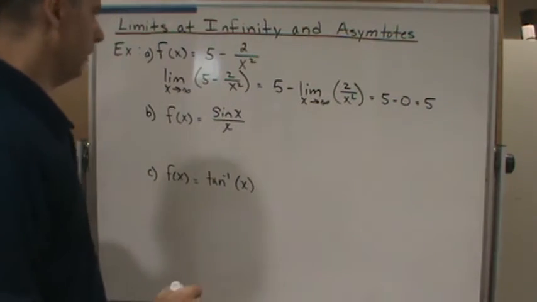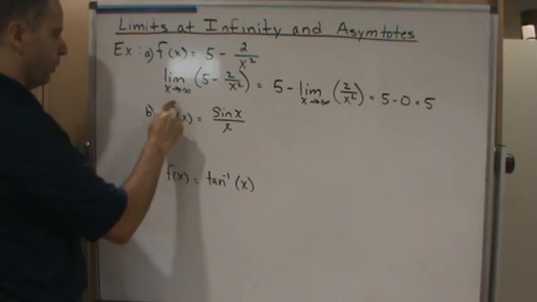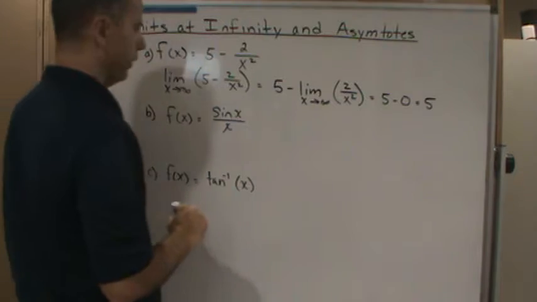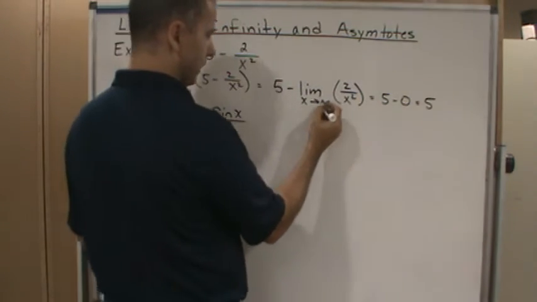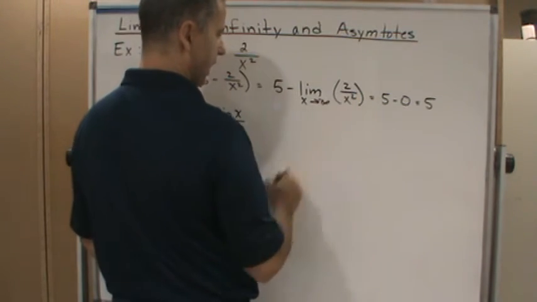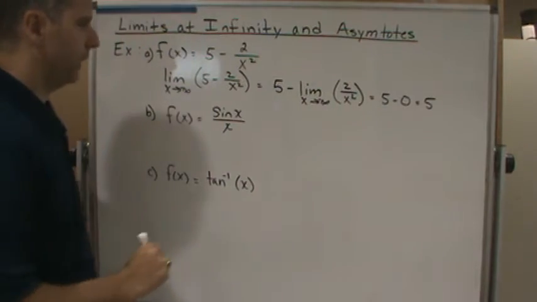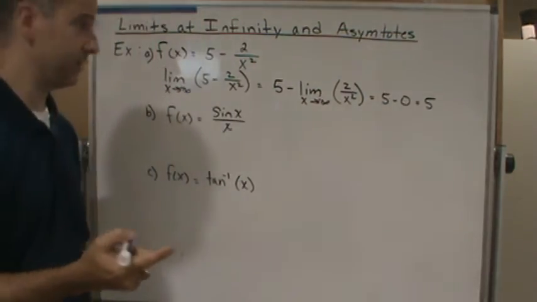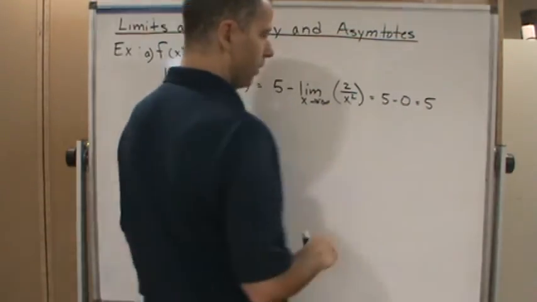Now similarly, if you have negative infinity, then you're getting 5 minus the limit as x goes to negative infinity. But any negative number in here is squared, so that becomes positive, and you end up with the same result, 5.